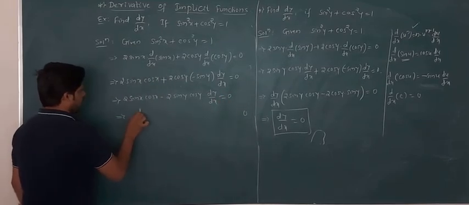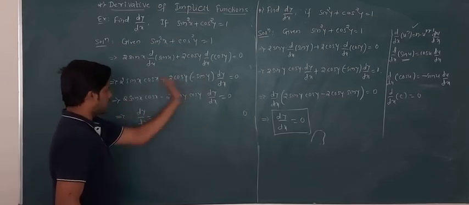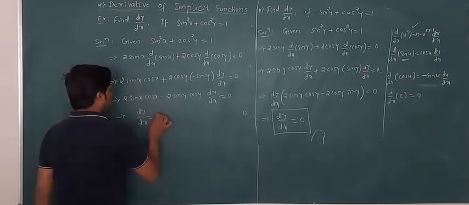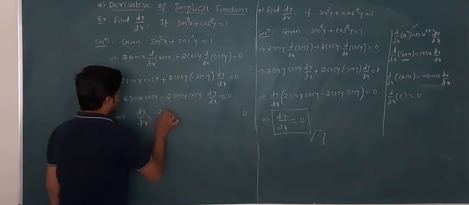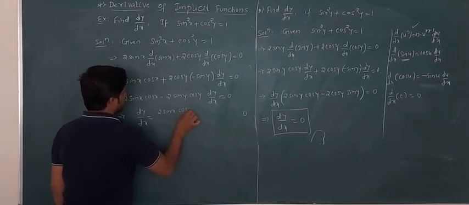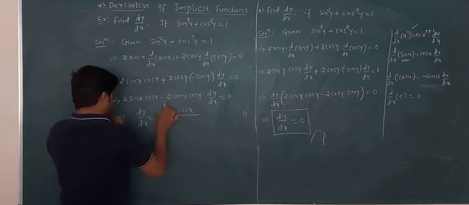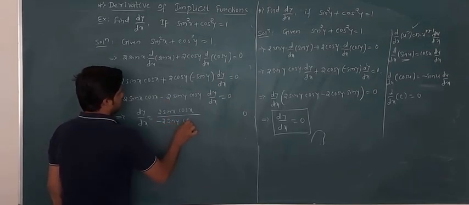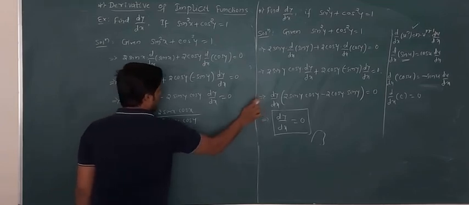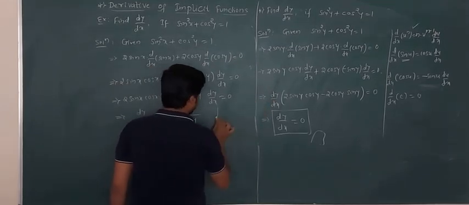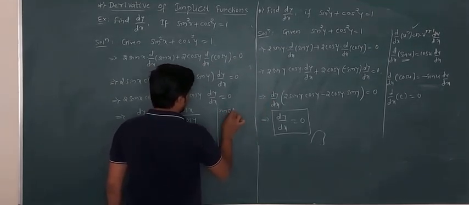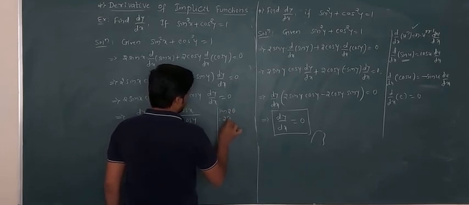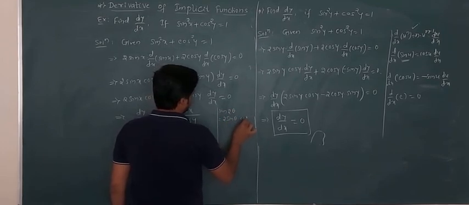So for dy by dx, we get dy by dx is equal to 2 sin x cos x, transferred to the other side, divided by minus 2 sin y into cos y. And also we know the sin 2 theta formula: sin 2 theta is equal to 2 sin theta into cos theta.